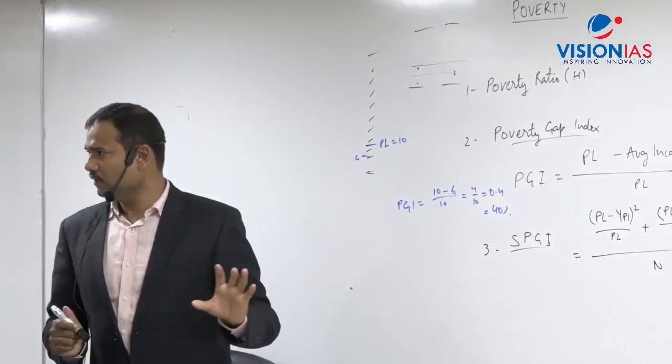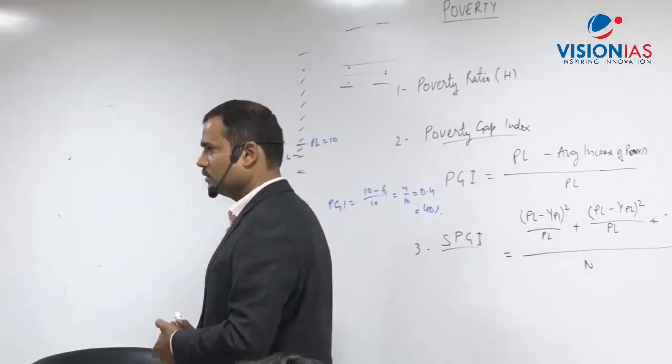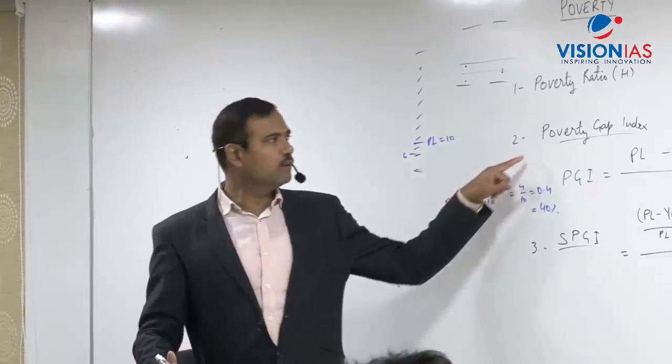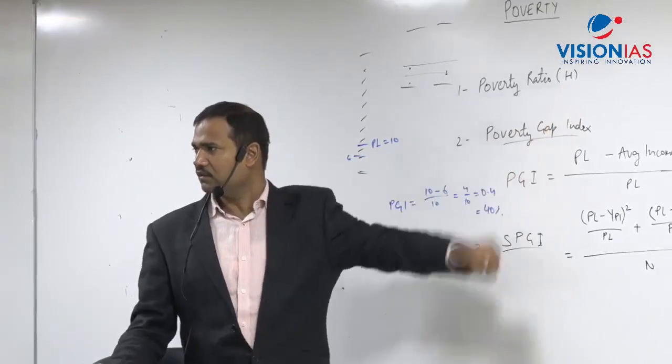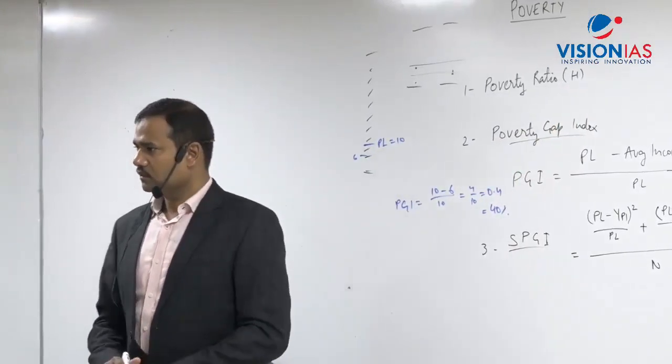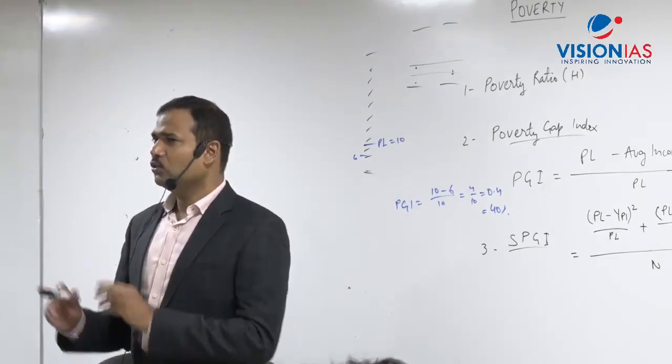So I think it is clear. What is the difference between poverty ratio and head count ratio? Head count ratio, same thing. Poverty ratio and head count ratio are similar. But according to the data, the poverty ratio is 21.9 and the head count ratio is about 28. Those will be different data.